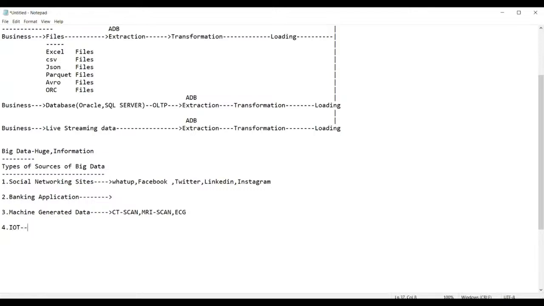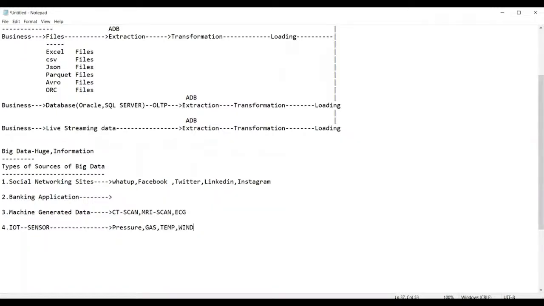Okay, IoT sensors. We get the data from sensors. These sensors measure pressure, gas pressure, temperature, and even wind.